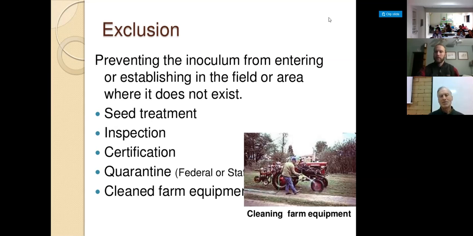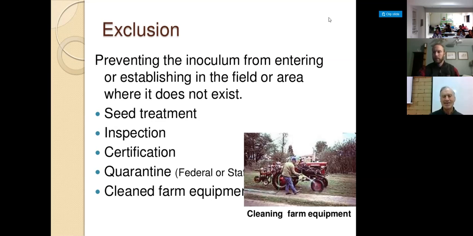For example, some of the seeds that we buy, the seed company will certify that it's free of a certain organism, a certain disease. And of course, there are quarantines, laws that prevent moving plant material from one place to another to prevent the spread of disease.